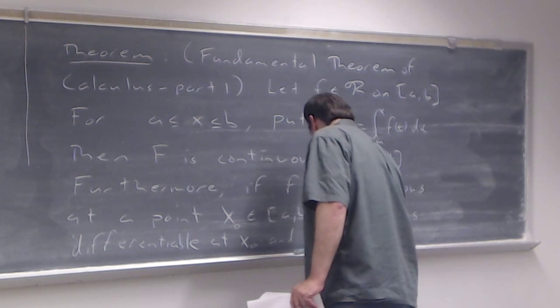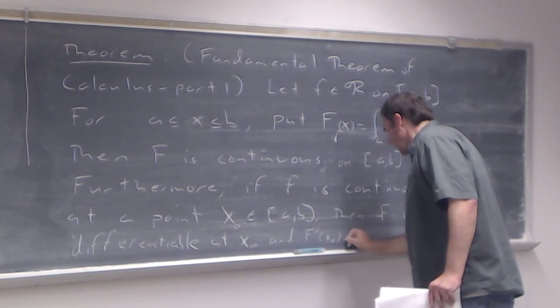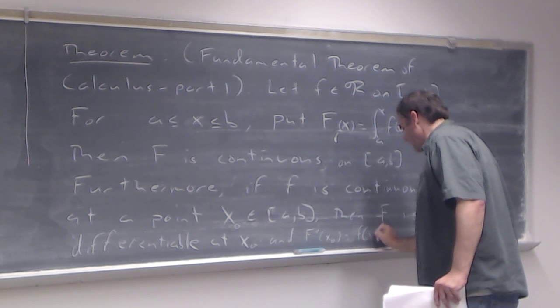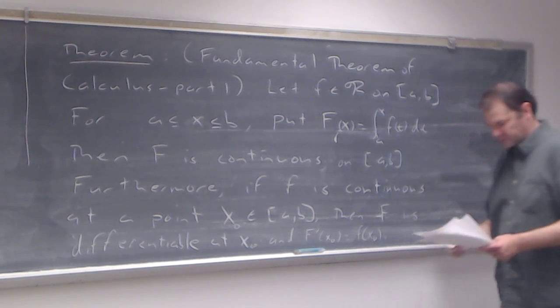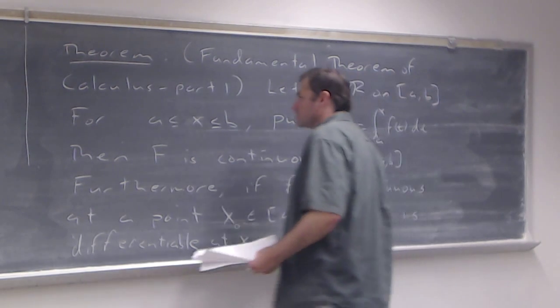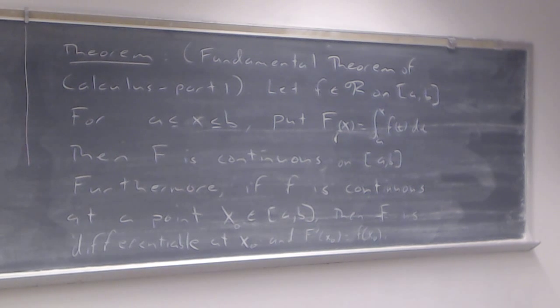The derivative of big F at x naught is equal to little f evaluated at x naught. So that's what we want to prove. Two things really in this theorem: continuity of big F and its derivative.